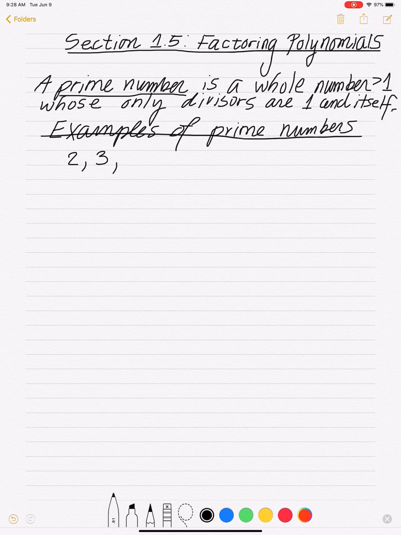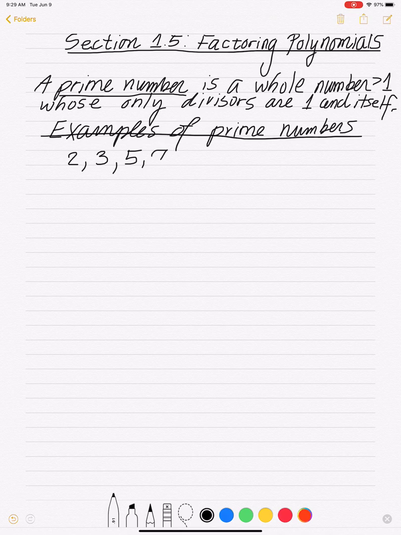How about 4? Is 4 a prime? No. 4 is divisible by something besides 1 and 4, right? It's divisible by 2, so we exclude 4. 5 is a prime because the only numbers that divide 5 are 1 and 5 itself. How about 6? No, 6 is not prime, right? It's divisible by 2, also it's divisible by 3.